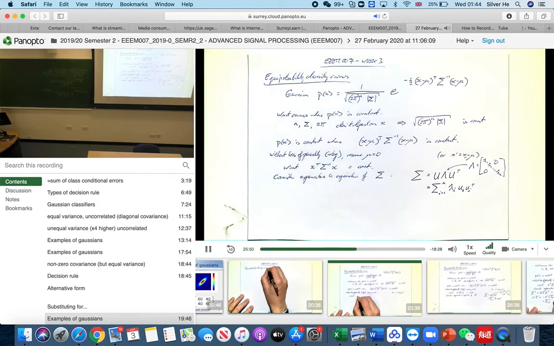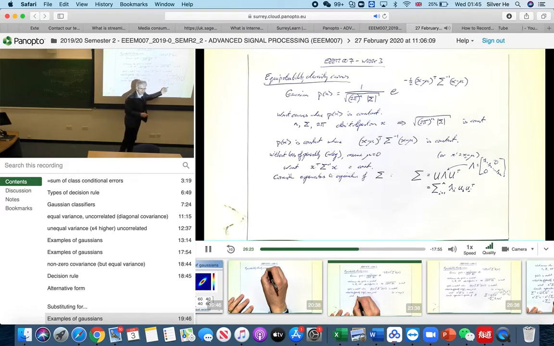So ui here are the eigenvectors that we're dealing with. So this is a decomposition of a square matrix, and we know this matrix is symmetrical. So we're able to decompose it into a sum of the eigenvalue in a particular direction and the eigenvectors in that direction.